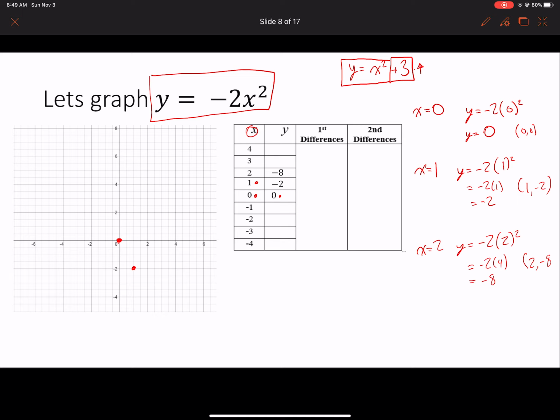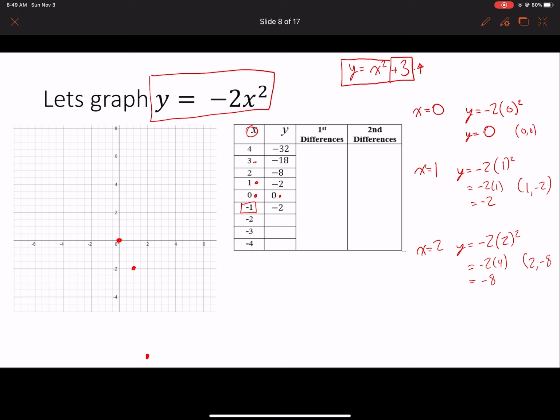Obviously I can't draw it, it's probably going to be somewhere here. Anyway, let's keep going and say when x is equal to 3, well, 3 squared is 9, times 2 is 18, and it's negative, etc. We'll just solve for the rest of them. Now, I want you to notice that when it's -1, and you square -1, it's the same thing as if you squared 1.